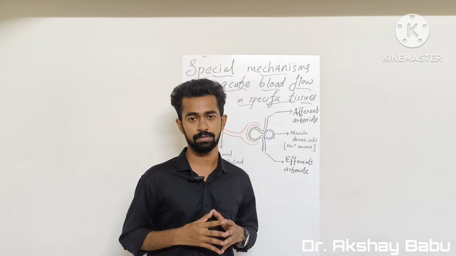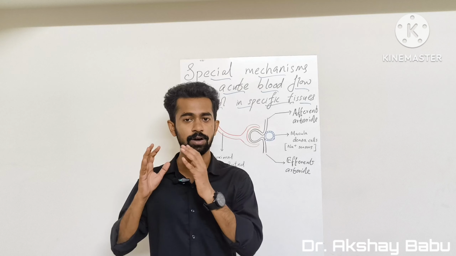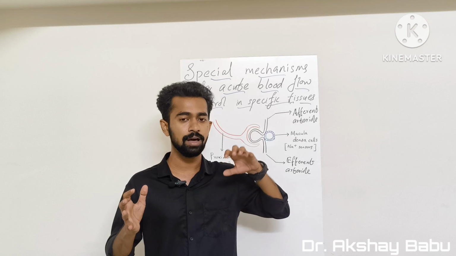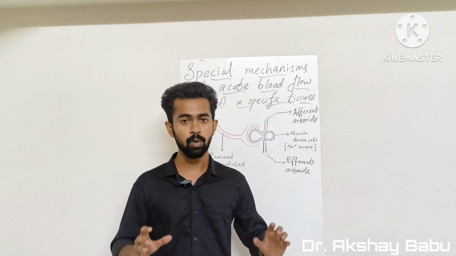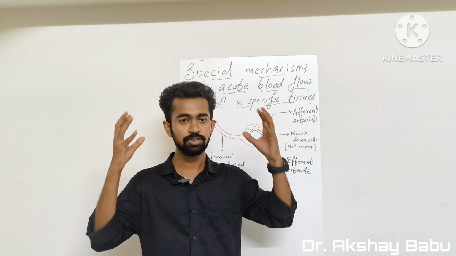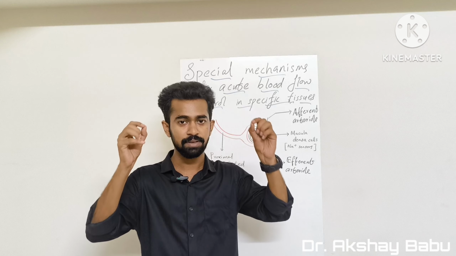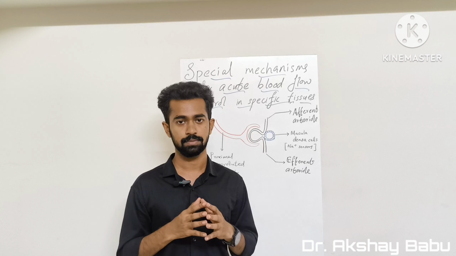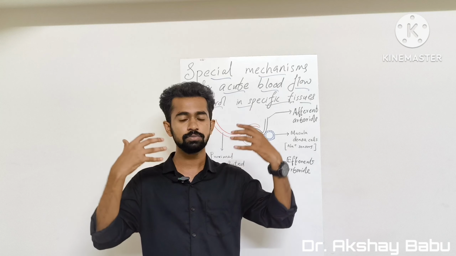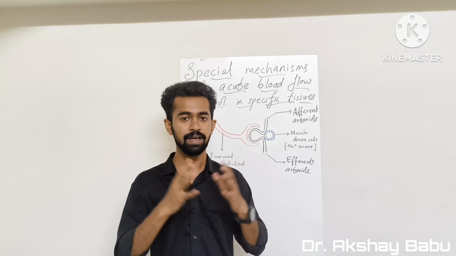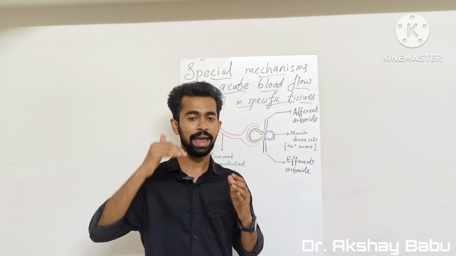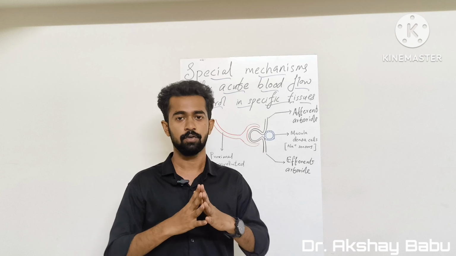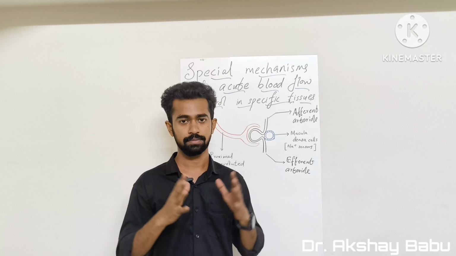Next, coming to the skin. In the skin, the blood flow control is highly dependent upon the regulation of body temperature. Skin blood flow is largely controlled by the central nervous system through the sympathetic nerves. When humans are exposed to body heating, the skin blood flow may rise as high as 7 to 8 liters per minute for the entire human body.